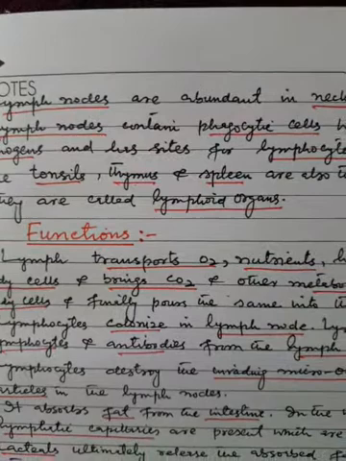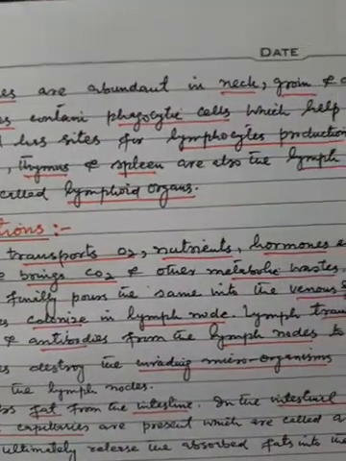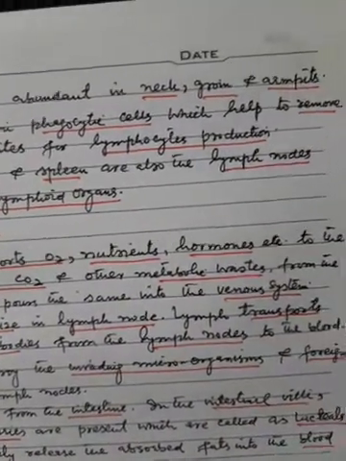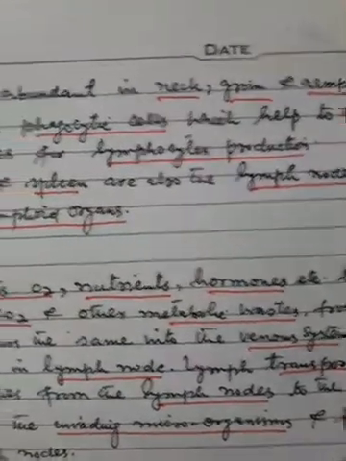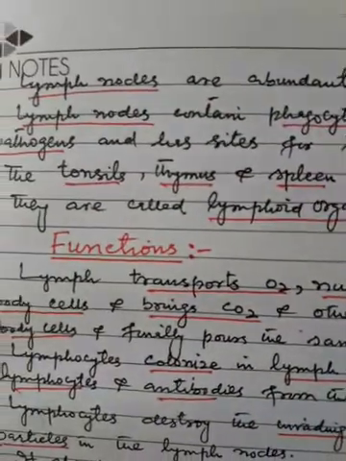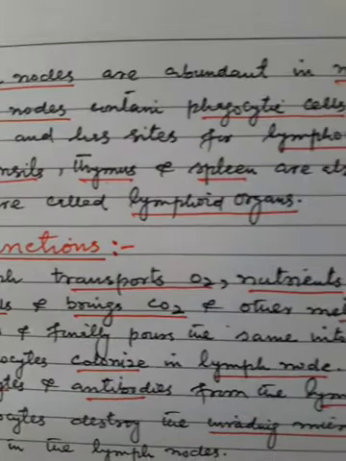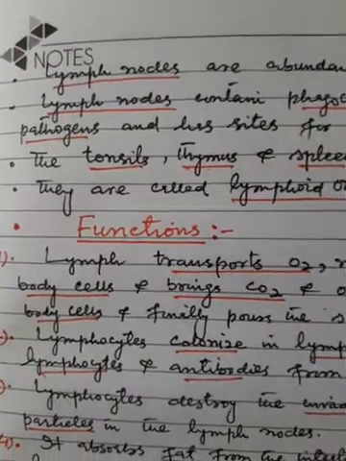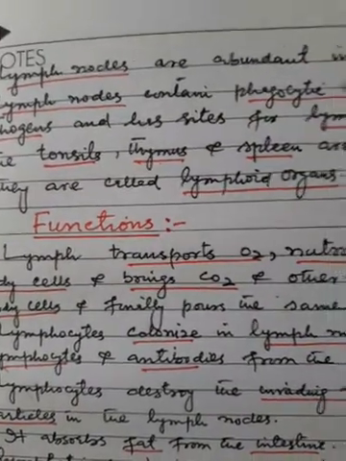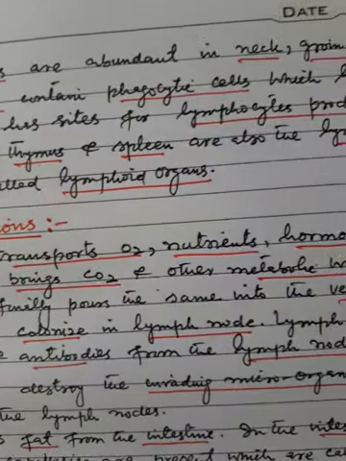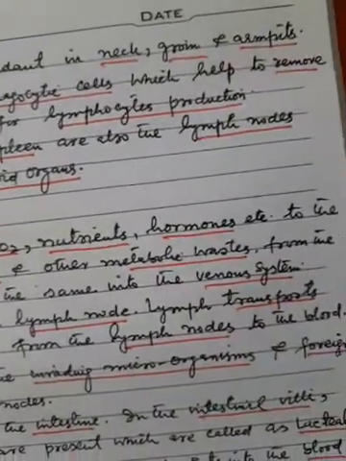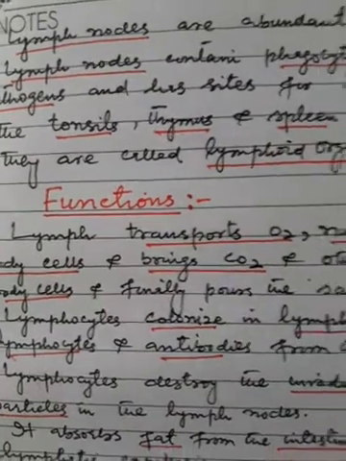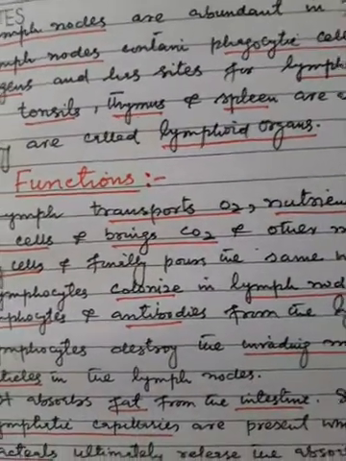Lymph nodes contain phagocytic cells which help to remove pathogens and have sites for lymphocyte production. The tonsils, thymus, and spleen are also lymph nodes. They are called lymphoid organs.